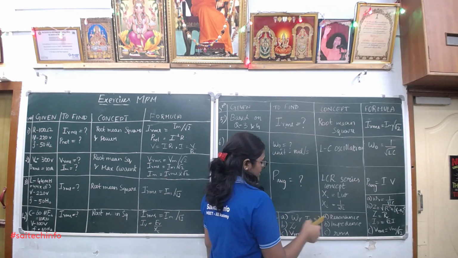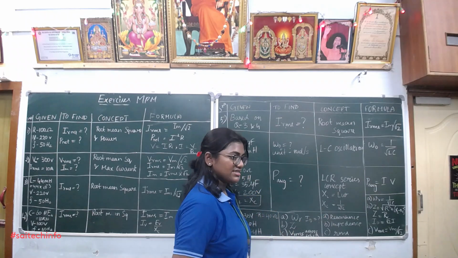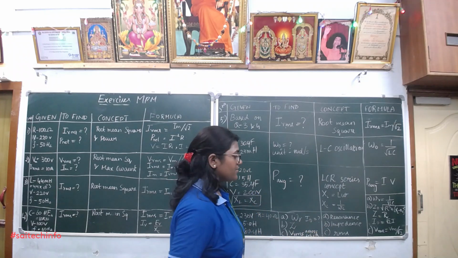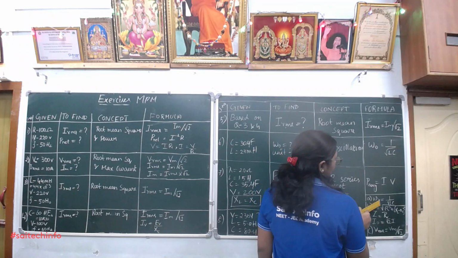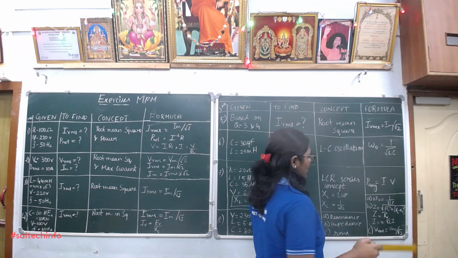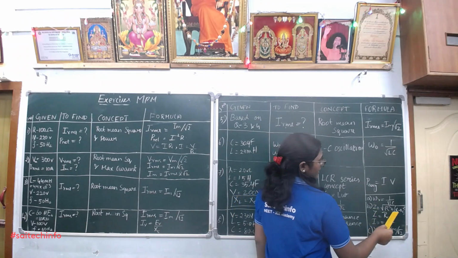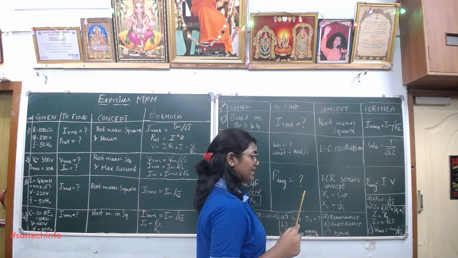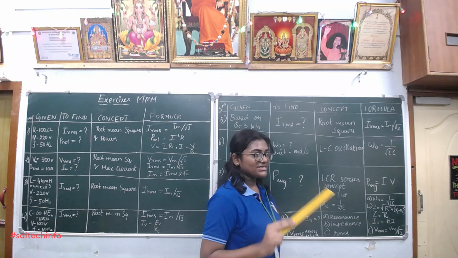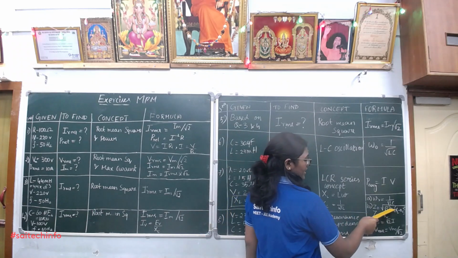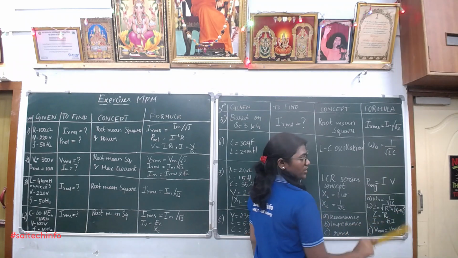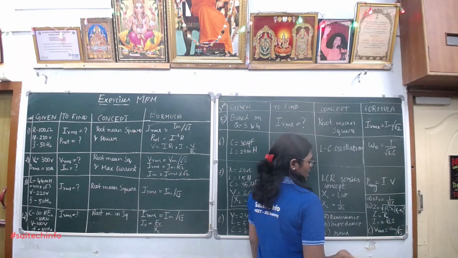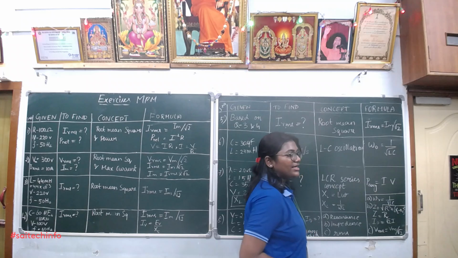So here the concept for the first is resonant frequency, for the second it is the impedance concept, and for the third it is the root mean square concept. Formulas: for the first, omega R is equal to 1 by the whole root of LC, and for the second, Z is equal to the square root of R square plus XL minus XC the whole square. Here they have given the condition XL is equal to XC, so it is obviously 0, the square and root get cancelled, and impedance is equal to only R. Very good. And the maximum current is equal to root 2 times I, and the VRMS is equal to Vm by root 2. Very good.